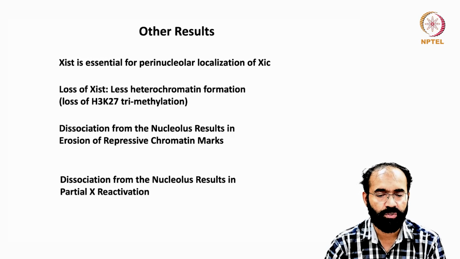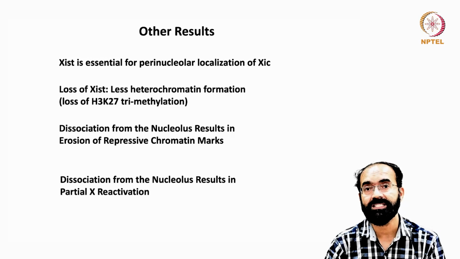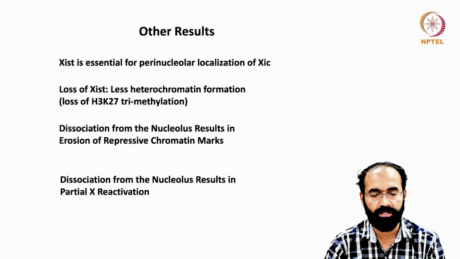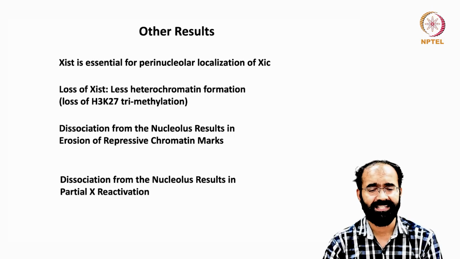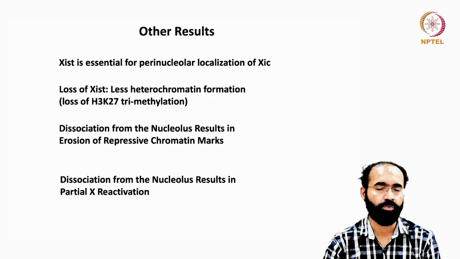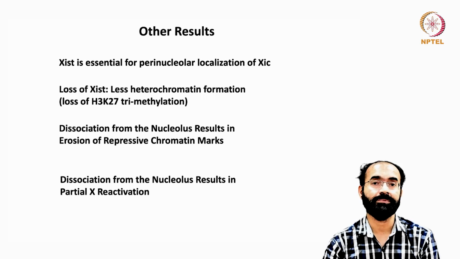Dissociation from the nucleolus results in erosion of repressive chromatin marks. Researchers have shown that if the inactive X chromosome is not allowed to interact with the nucleolus, then maintaining inactivation becomes a little difficult.